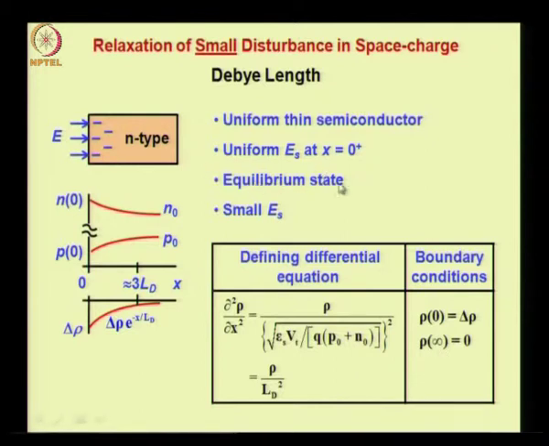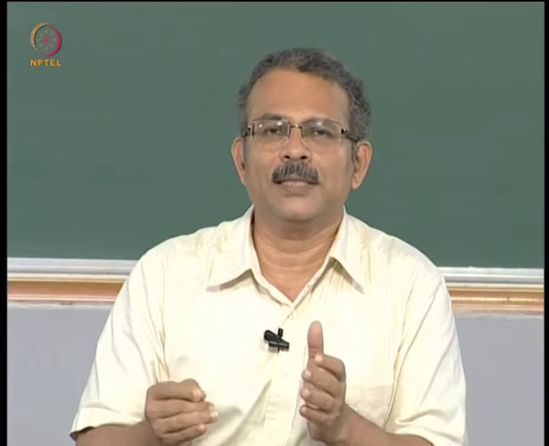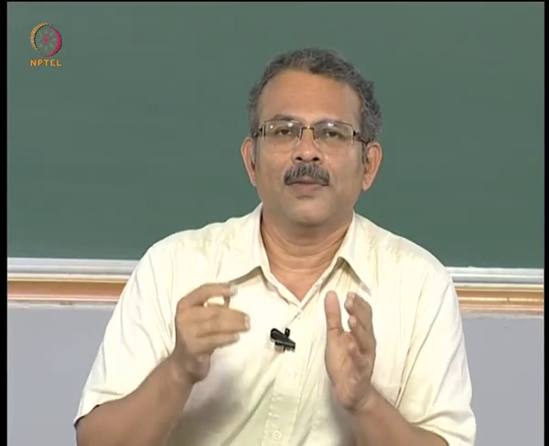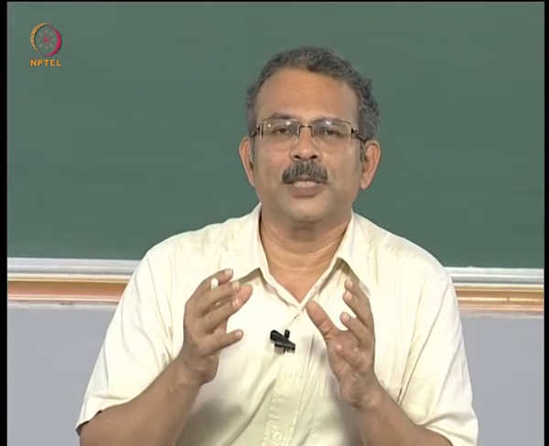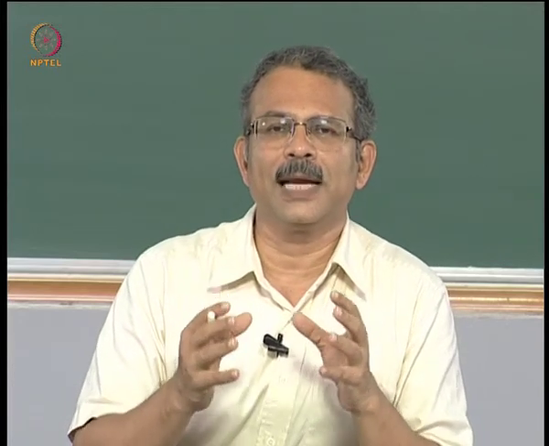We are assuming an equilibrium state, and we assume that the electric field is small. So in all these characteristic times and length definitions, the disturbance is always assumed to be small, because only under that condition we get simple differential equations.